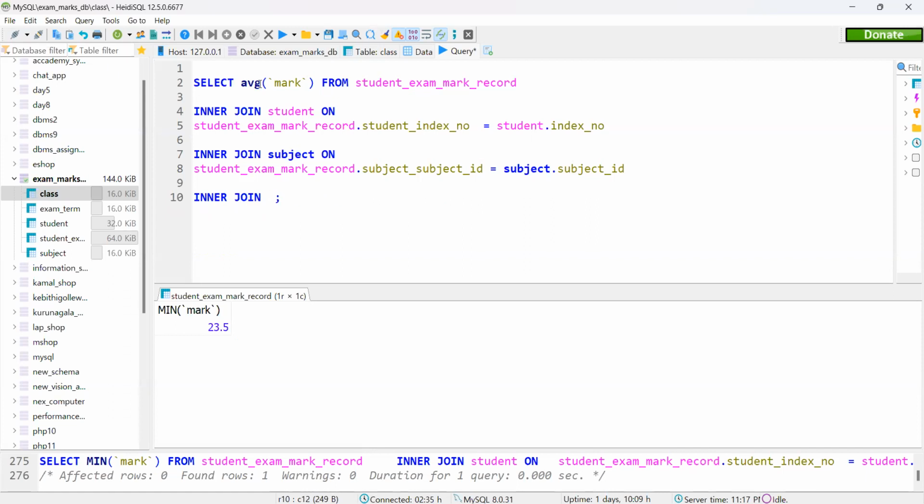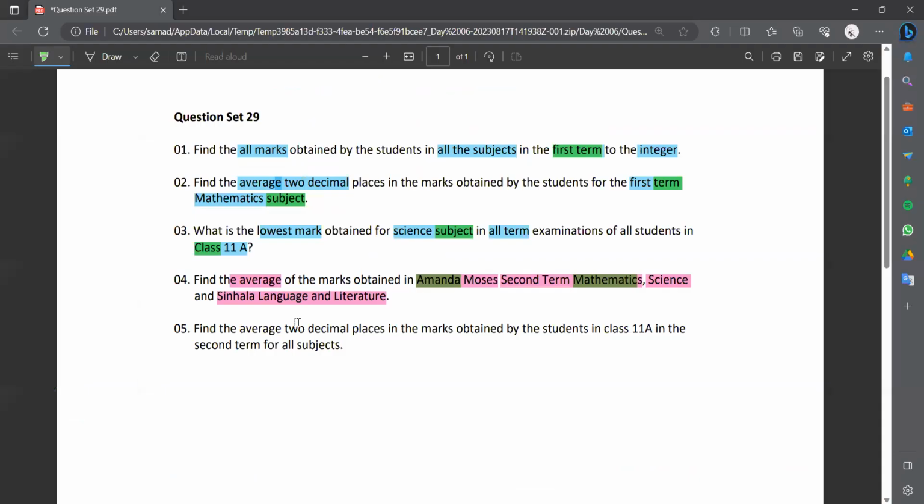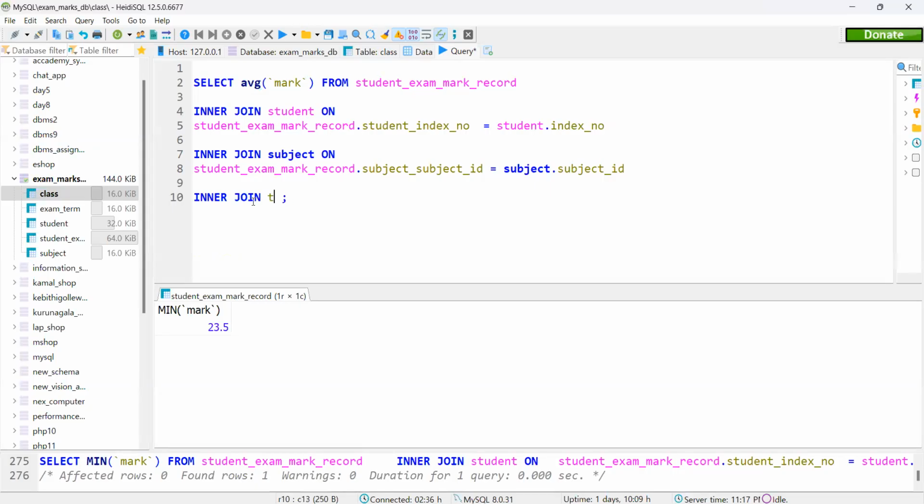and no need for the class table, and we need second term, the term table.